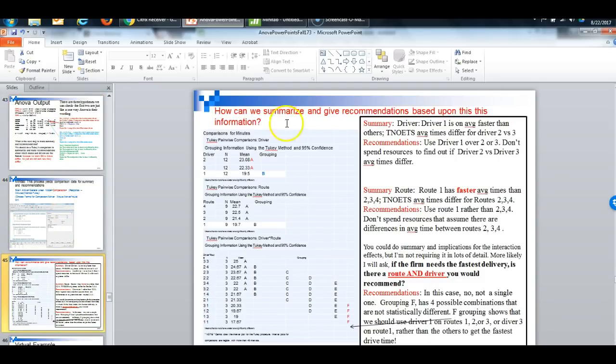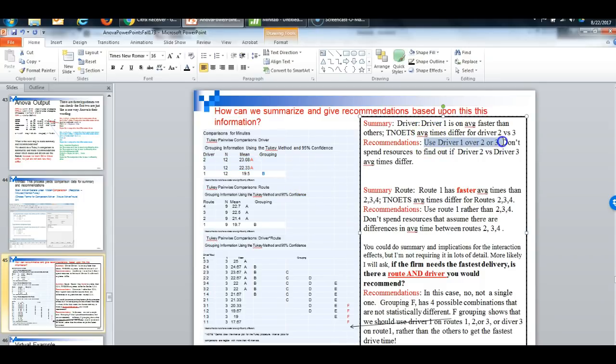All right, here we have all of the summary that we just got. Summary: driver 1 is on average faster than others. That's true. Driver 1 is faster than the others. And we would also say there's not enough evidence to suggest that average drive times differ for driver 2 and 3, not for the true population. So what would our recommendation be?